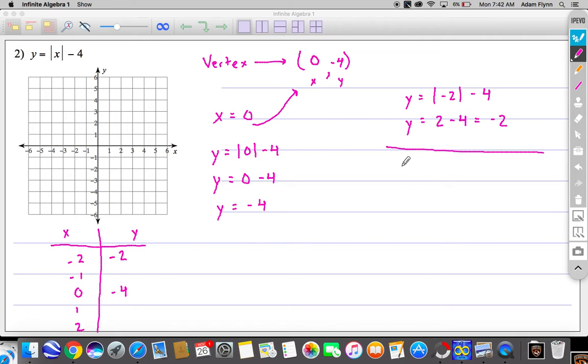Moving on to the next one, I've got y equals the absolute value of negative 1 minus 4. The absolute value of negative 1 is 1. And 1 minus 4 is negative 3.